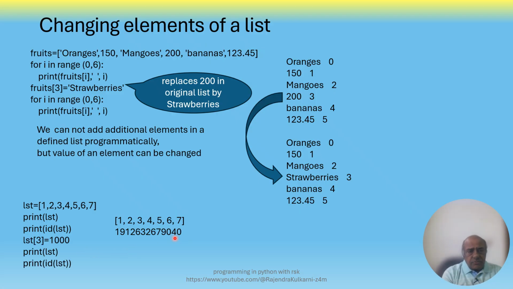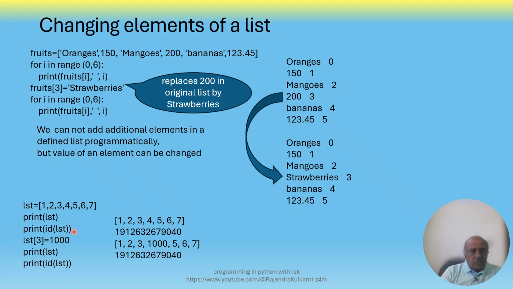Now I change the value of the third element, or index 3, the value at index 3, which is the fourth element in the list, with 1000. So what I get is a new list with 1000 occupying the position of index 3.